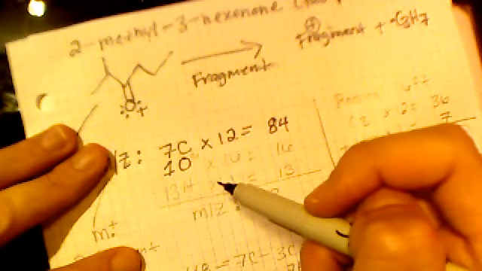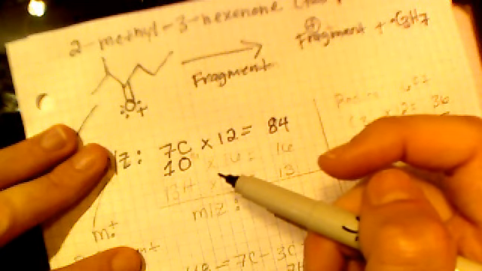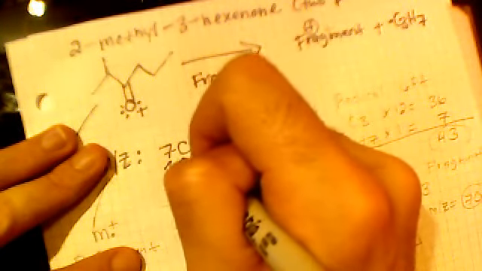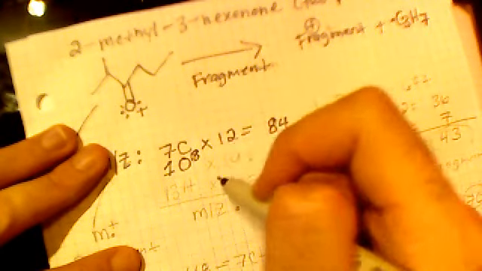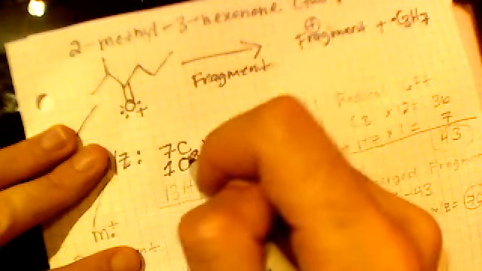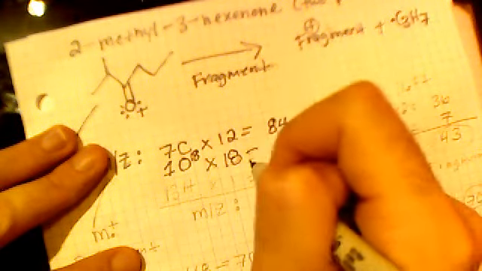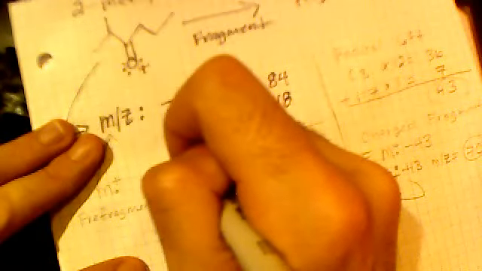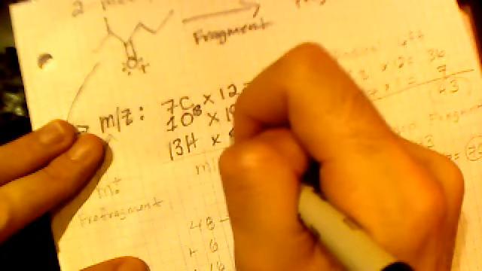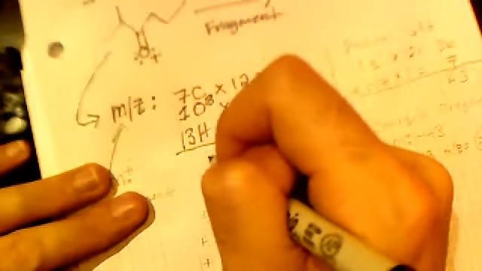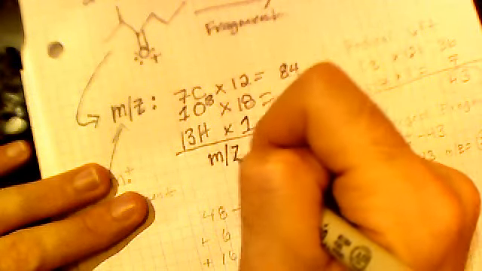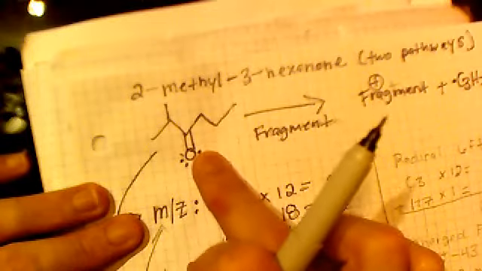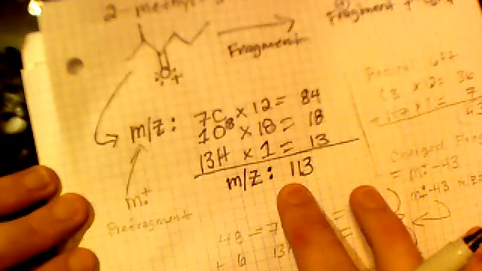I was assuming it was oxygen 16, but after typing it into Wiley, it's oxygen 18, which is just something you have to figure out by messing with Wiley. So 1 times 18 equals 18, not 16. And then there's 13 hydrogens multiplied by 1 equals 13. 84 plus 18 plus 13 equals 115. So the mass over charge for the molecule that we're working with is 115.